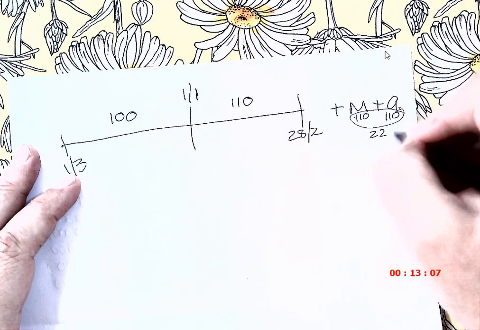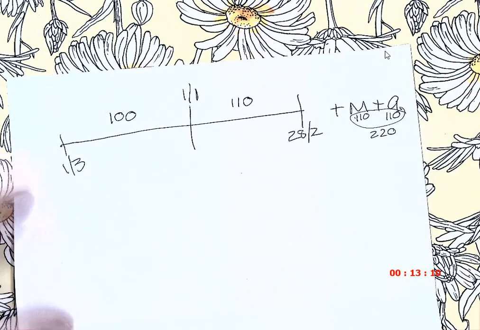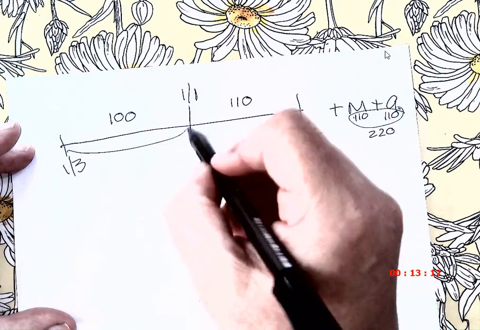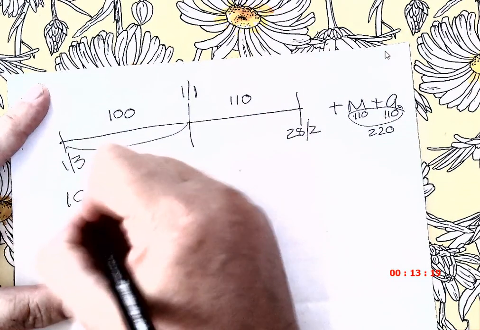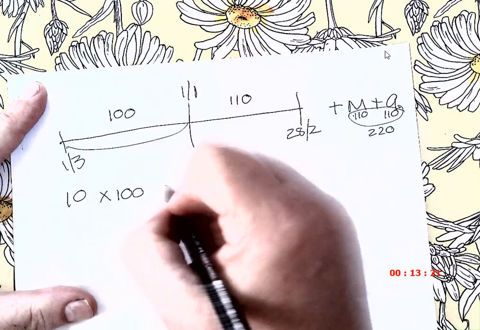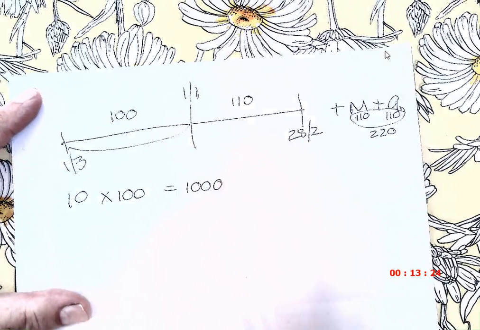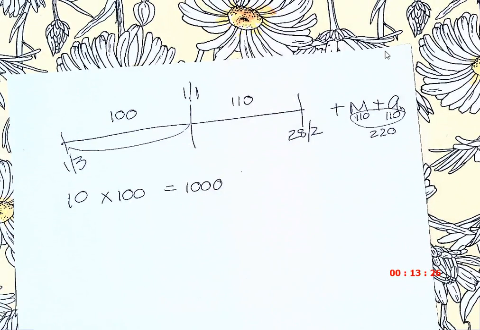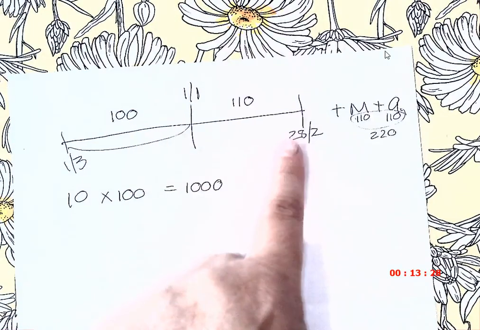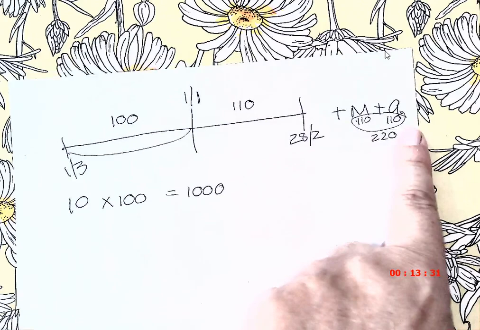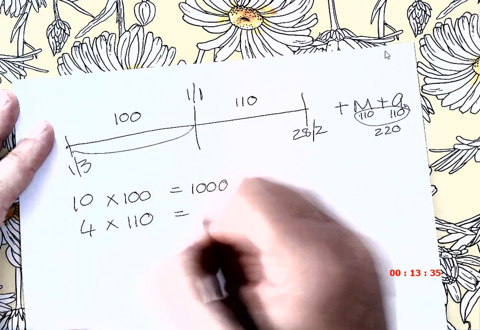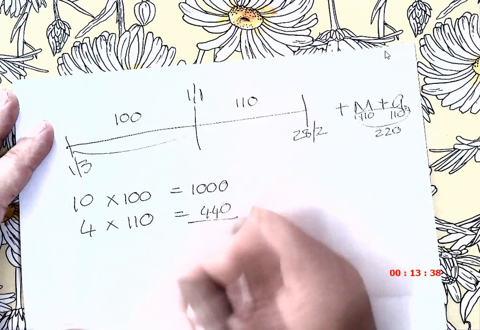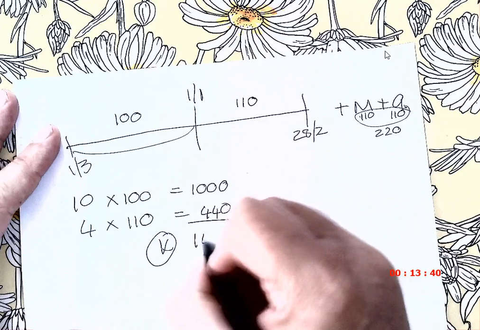Can you see? 220. So now I say, how many months? March, April, May, June, July, August, September, October, November, December. 10 months, I received 100%. Okay? January, February, March, April. 4 months, I received 110%. So my known is 1440.